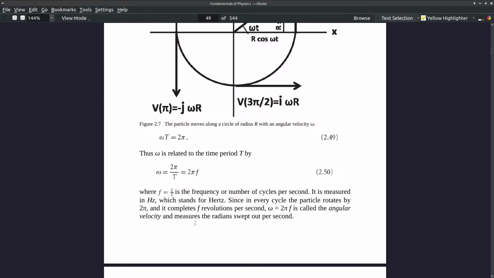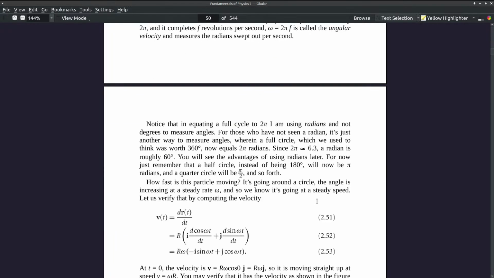It is measured in hertz. Since in every cycle the particle rotates by 2 pi and it completes f revolutions per second, omega equals 2 pi f is called the angular velocity and measures the radians swept out per second. Notice that in equating a full cycle to 2 pi, I am using radians and not degrees to measure angles.